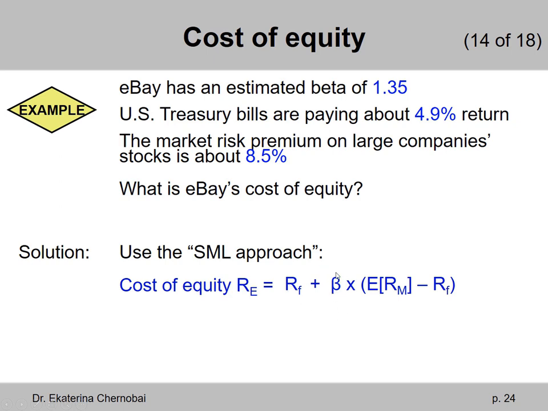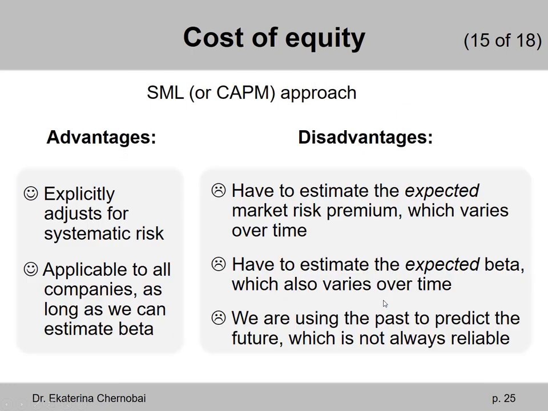What the current beta is not necessarily what it will be like in 3 years and 4 years and so on. So everything is expected, and that's always an issue. So we need to estimate the expected market risk premium, which varies over time. What also varies over time is the expected beta.